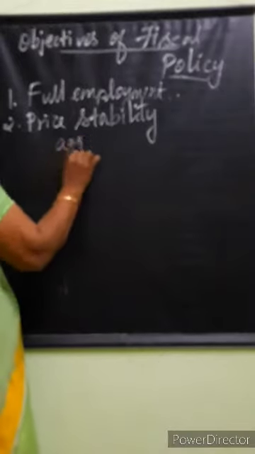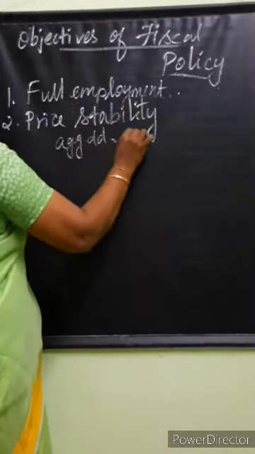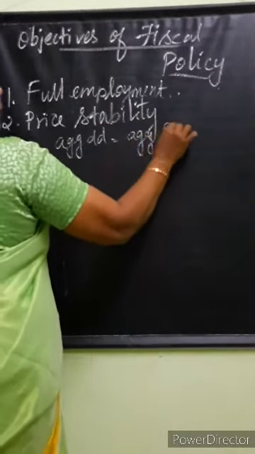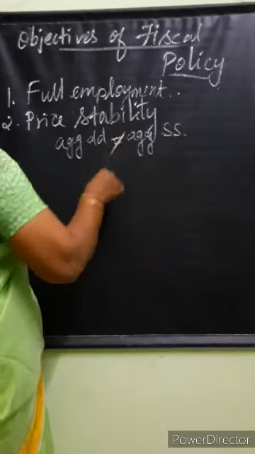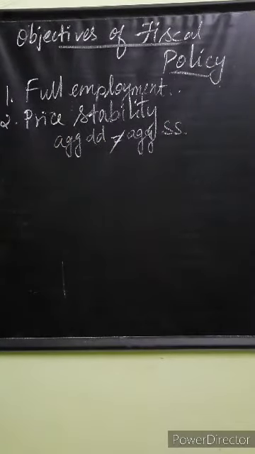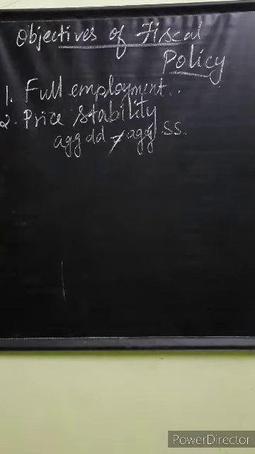If there is an imbalance between the aggregate demand and aggregate supply, there will be an imbalance in the price also. And inflation is due to excess demand for goods. When does inflation come? If the price rises, there will be inflation.